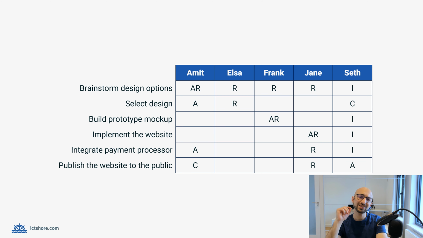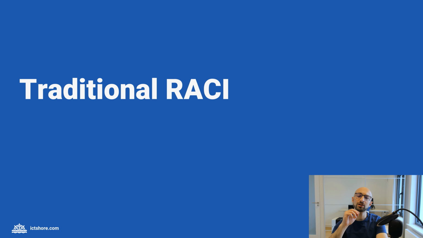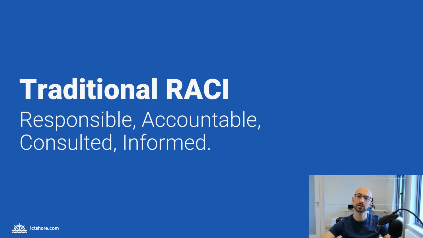So let's just have another refresher on the roles of the traditional RACI matrix. In a traditional RACI matrix, RACI stands for responsible, accountable, consulted, and informed. Responsible is the person who materially does the work, and accountable is the person who will take the blame in case things go wrong. Most of the time they will be the same person, but not necessarily.